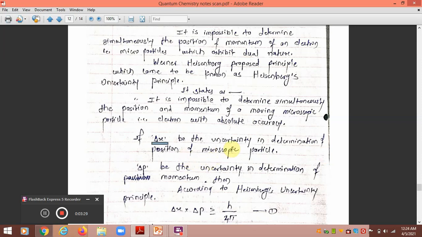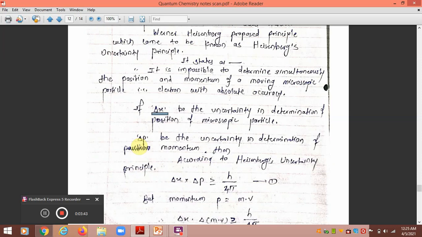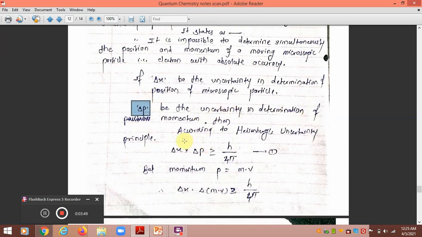If the uncertainty is more, the certainty will be less, and if the uncertainty is less, the certainty will be more. Similarly, delta p is the uncertainty in the determination of the momentum of the microscopic particle. Then according to the Heisenberg uncertainty principle, delta x into delta p is greater than or equal to h upon 4 pi.